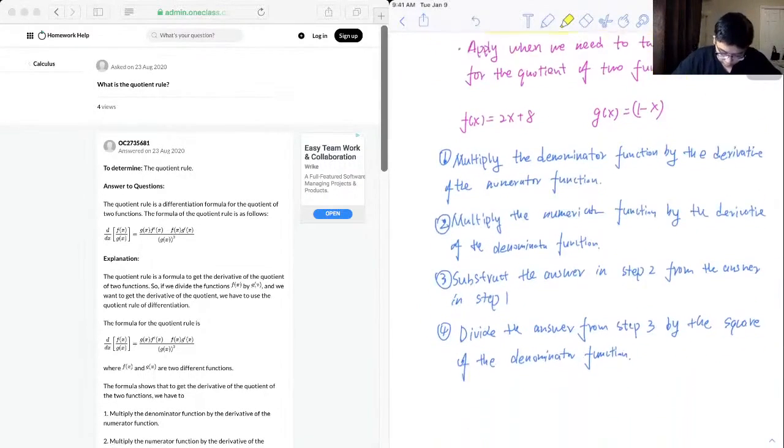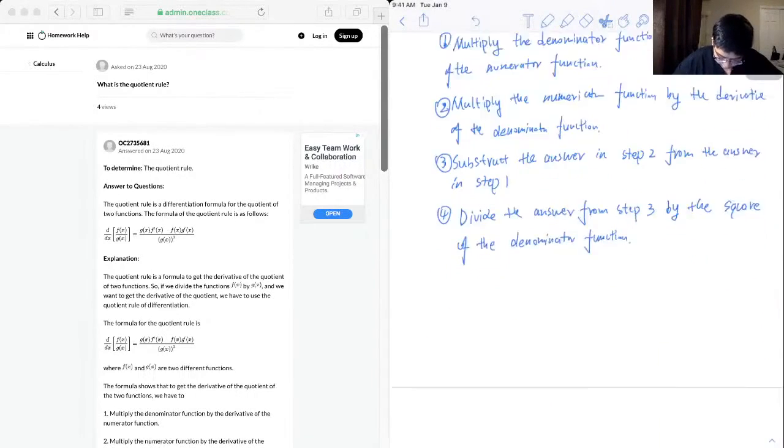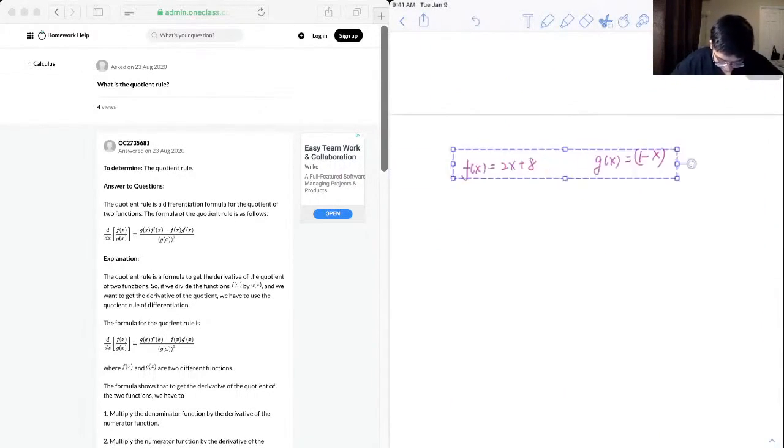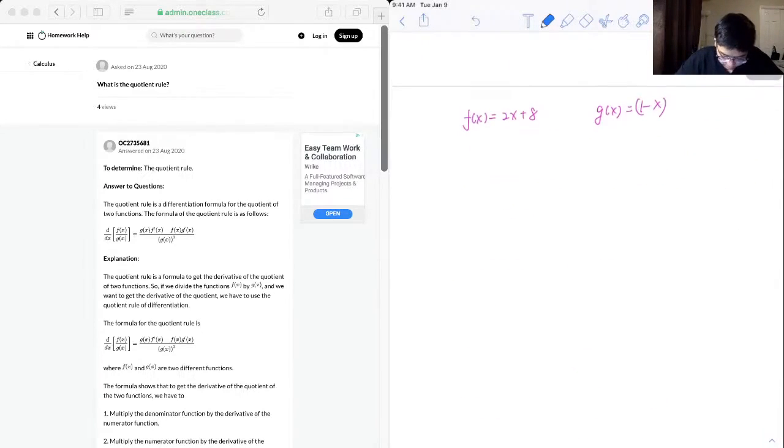So now let's copy down the f(x) and g(x). We have f(x) equal to 2x plus 8 and g(x) equal to 1 minus x. So for step 1, we need to multiply the function in the denominator by the derivative of the function in the numerator.